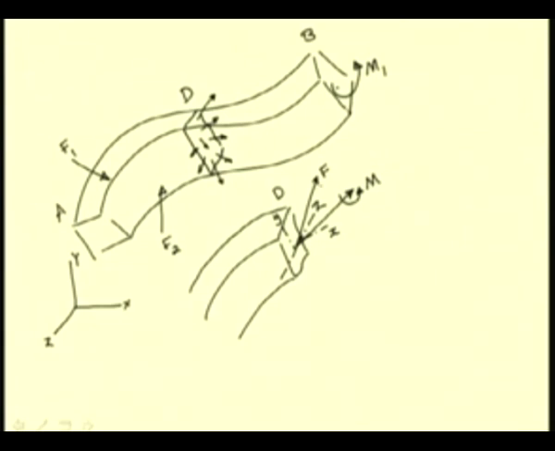If we take the components of this force, we have a component along x, a component along y and a component along z. So, let me designate these as Vx, Vy and Vz.